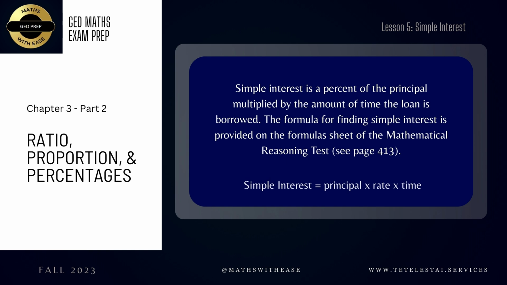The formula for finding simple interest is given on the sheets of the mathematical reasoning test. The version in my book was really small to see, so I did find the formula sheet on GED.com. It looks like a 2014 version, but just be aware that there is a formula sheet that will be available to you during the exam.